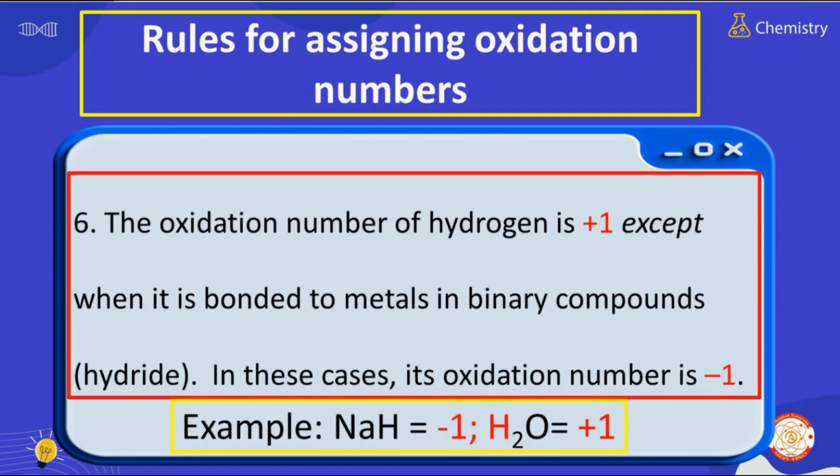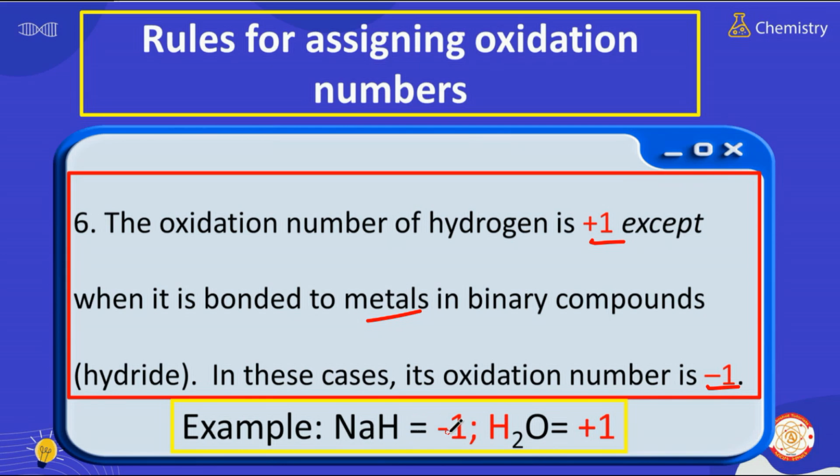Rule number 6. The oxidation number of hydrogen is +1, except when it is bonded to what? Metals, where its oxidation number is -1. For example, sodium hydride. Hydrogen is bonded to a metal, which is sodium.